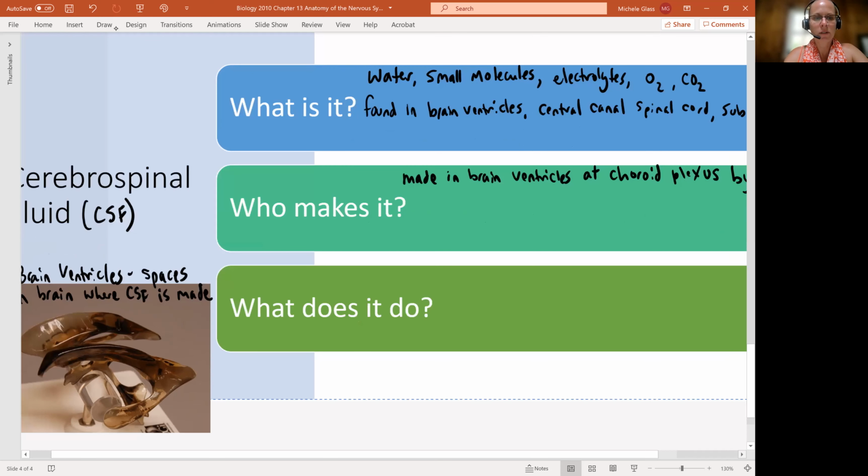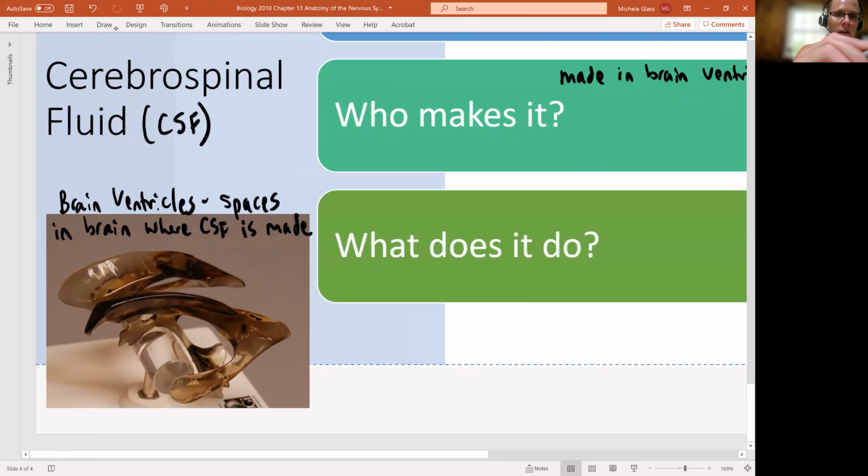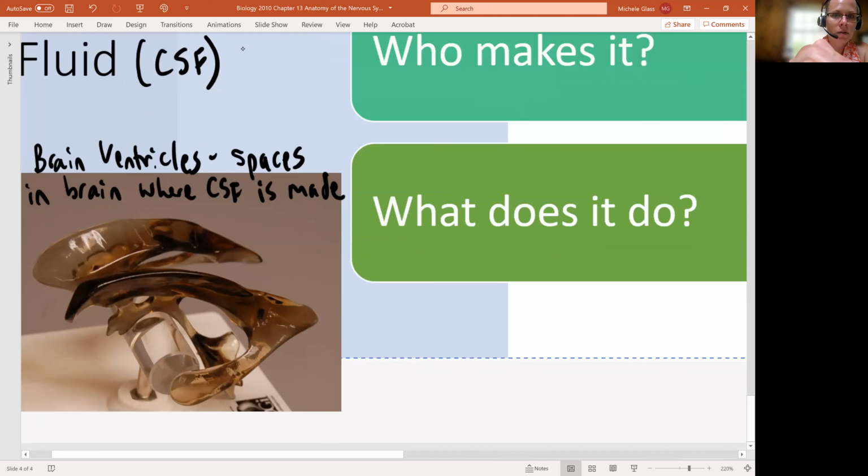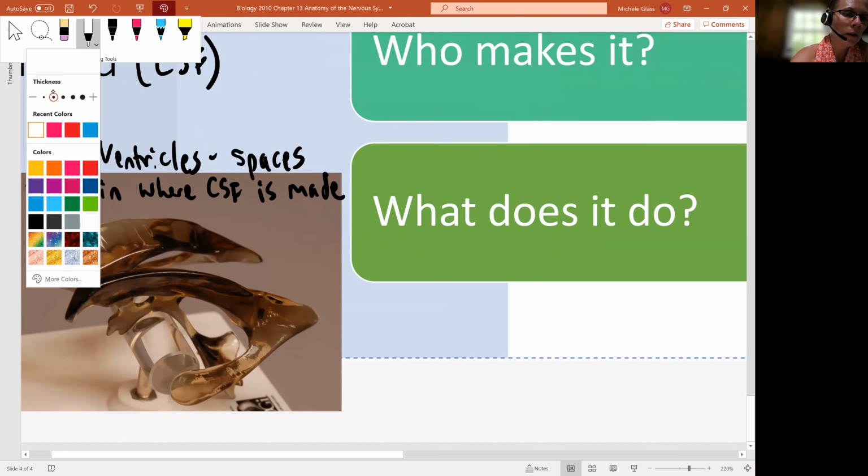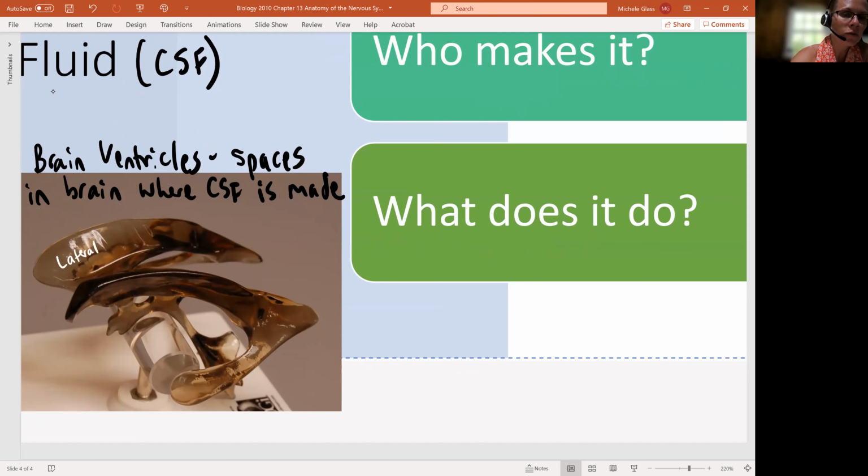So if we zoom in, I think we can change our label color a little bit. You're going to have 2 lateral ventricles.